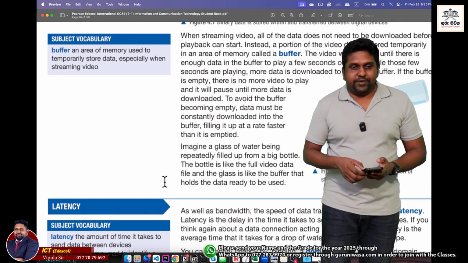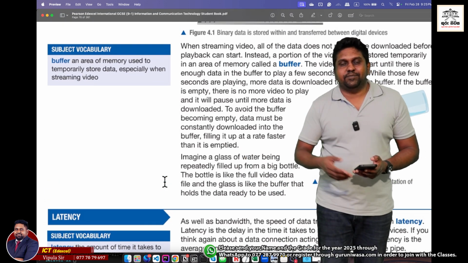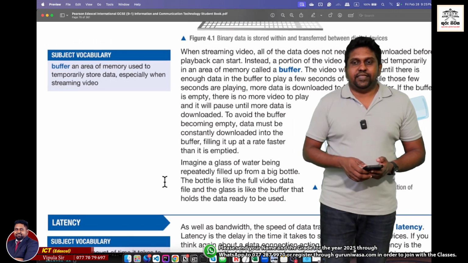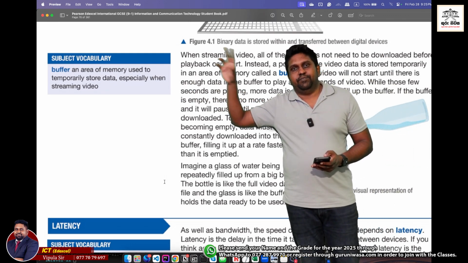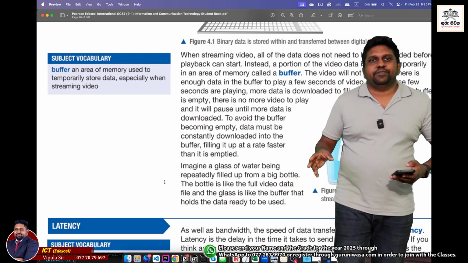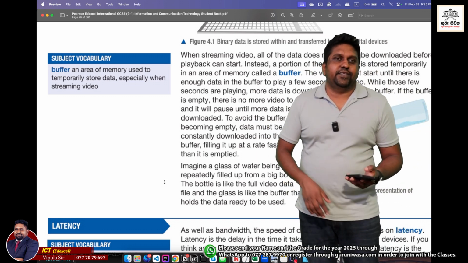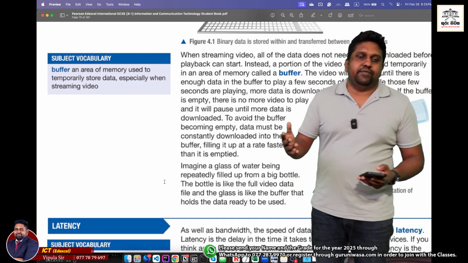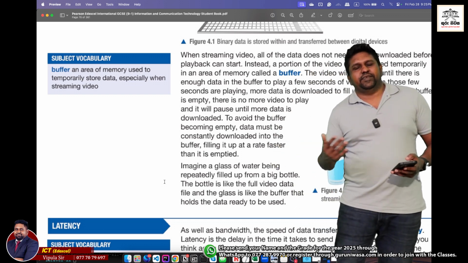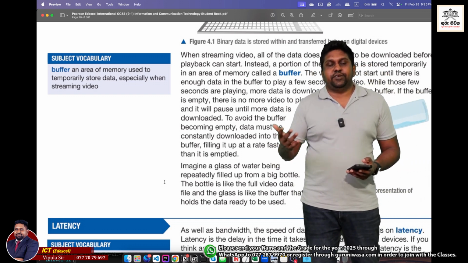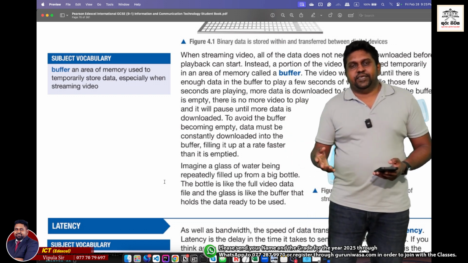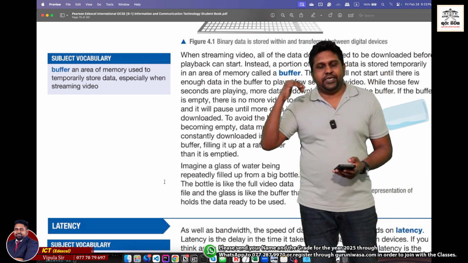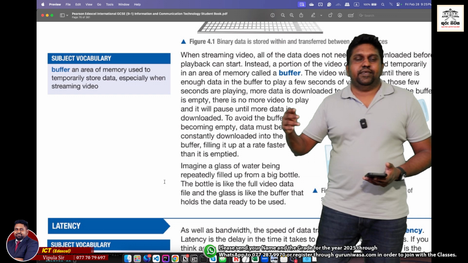So for that, the system uses something known as buffering. Because there is a latency, when we are streaming a video, the video player automatically brings down data as much as possible.